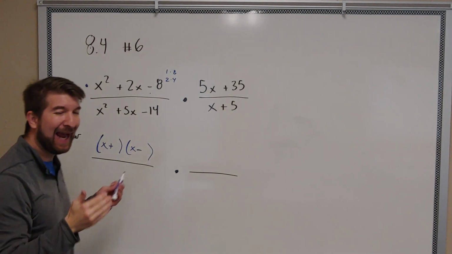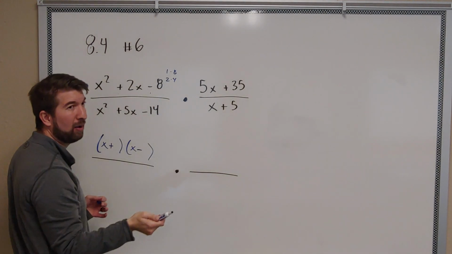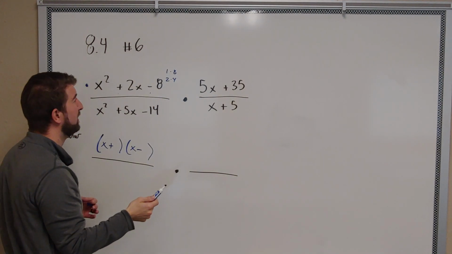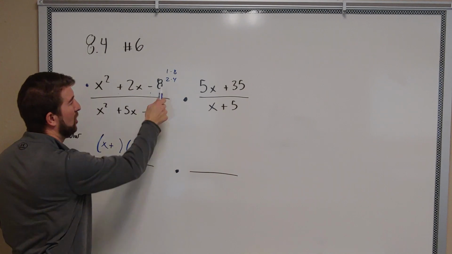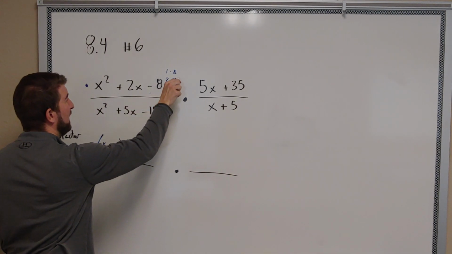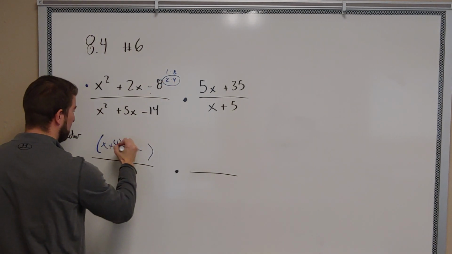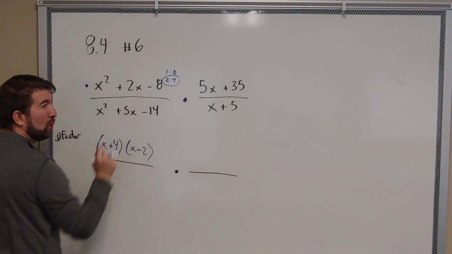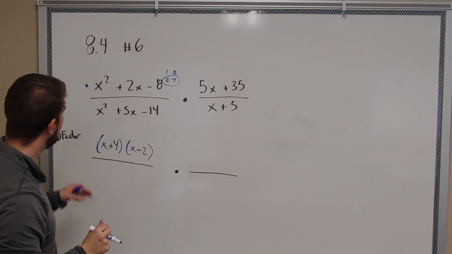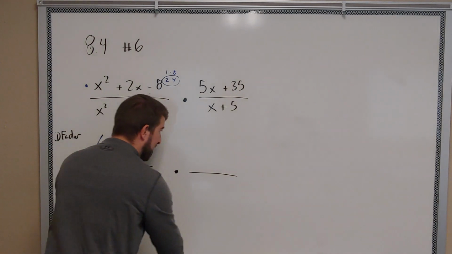Which of those either add or subtract to be positive 2? 1 plus 8 is 9, 1 minus 8 is 7, that's not it. 2 plus 4 is 6, 2 minus 4 is 2. That is our multiple that we're working with. The highest number goes first. So when I rewrite this blue expression, I get x plus 4, x minus 2.